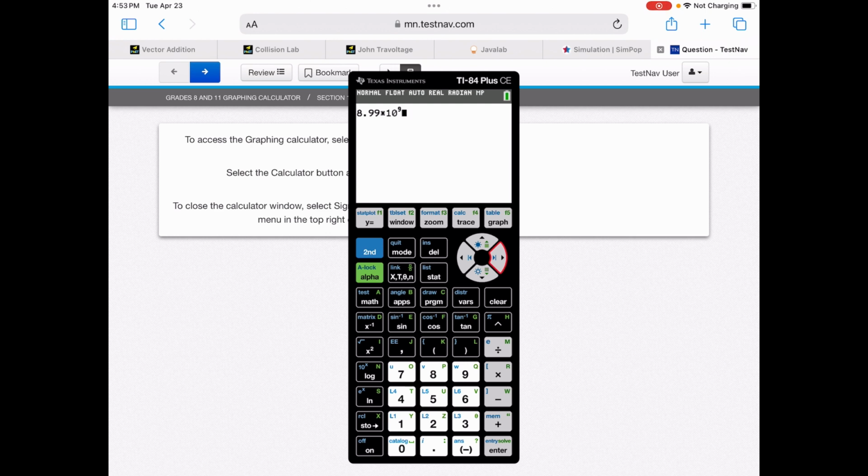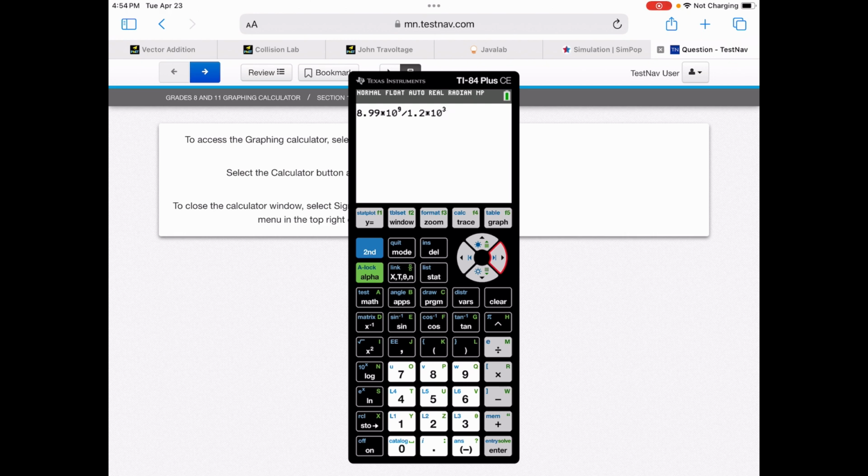For example, if we were to divide this by some other exponential number, like 1.2 times 10 to the power of 3, this is where students often make a mistake, because they'll go divided by 1.2 times 10 to the power of 3, and they think they're telling their calculator to divide 8.99 times 10 to the 9th power by 1.2 times 10 to the 3rd power.